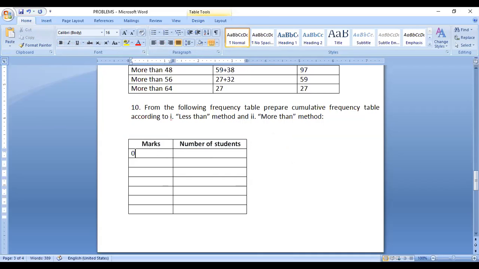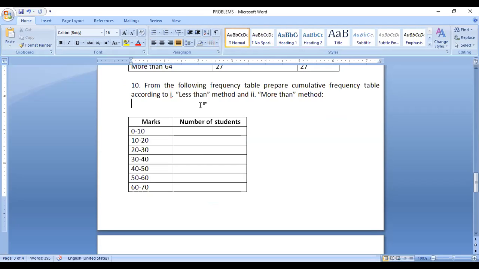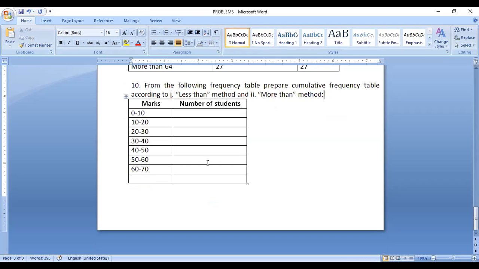Marks: 0 to 10, 10 to 20, 20 to 30, 30 to 40, 40 to 50, 50 to 60, 60 to 70, 70 to 80.